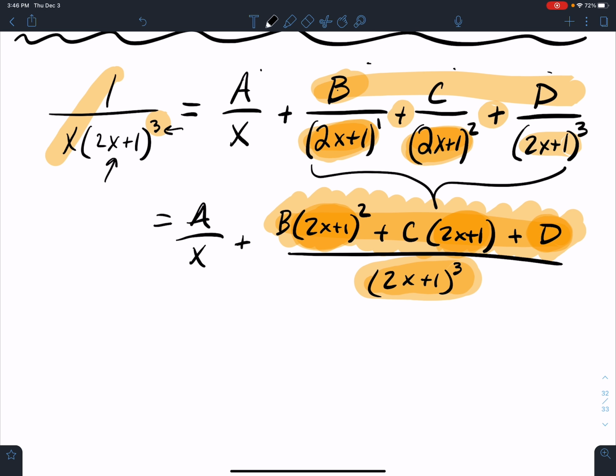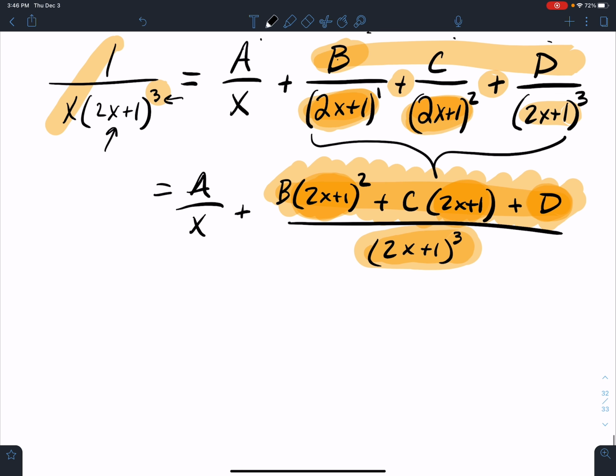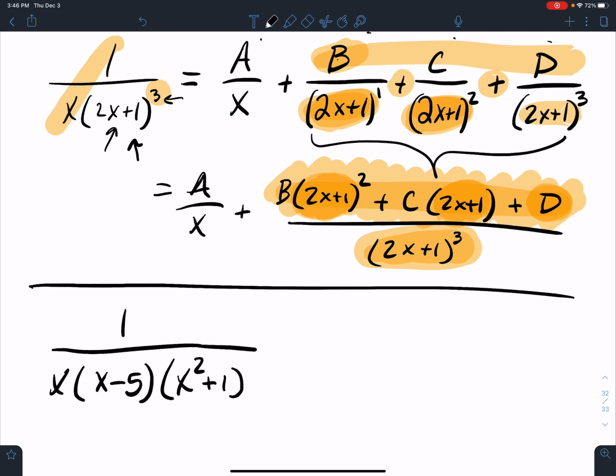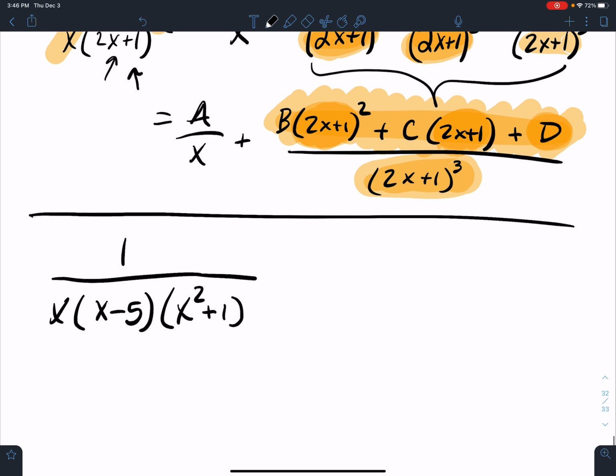Okay, so let's do one more of these just to make sure that we know what's going on, because there is one last case. Up to this point, we dealt with linear factors. Even though we cubed the linear factor, 2x plus 1 is still a linear factor. But here, we have a quadratic factor going on.